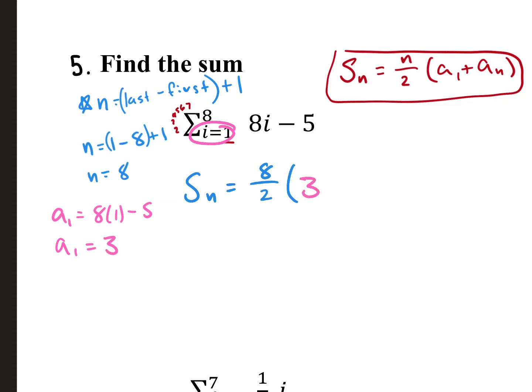How do I find what a sub n is? Plug in 8. So I plug in the last number here. So a sub 8 is equal to 8 times 8 minus 5. So 8 times 8 is 64. Minus 5 would be 59.